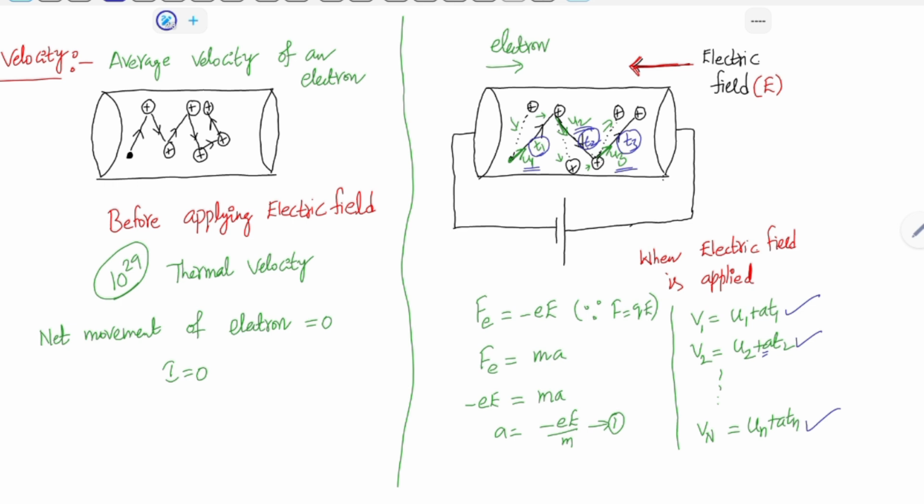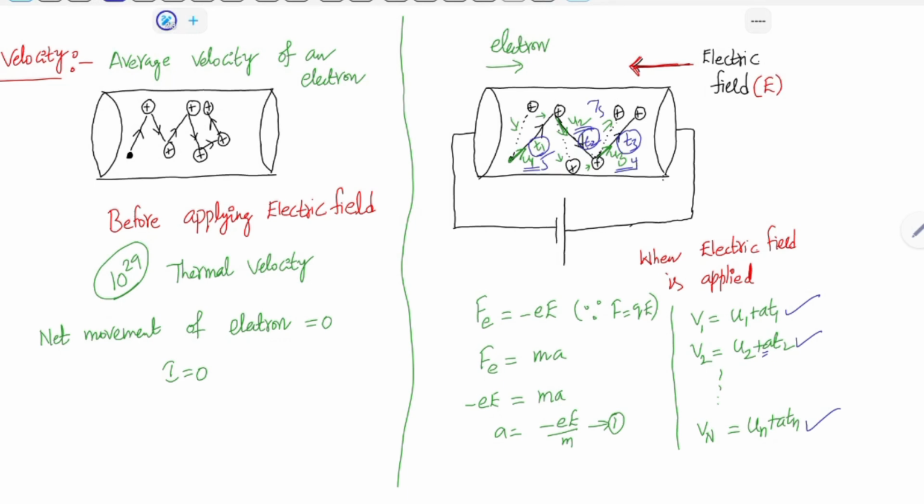It is the time between any two successive collisions. We cannot say that t1 is equal to t2, or t2 is equal to t3. Sometimes t1 may take 5 seconds, t2 may take 7 seconds, t3 may take 4 seconds.